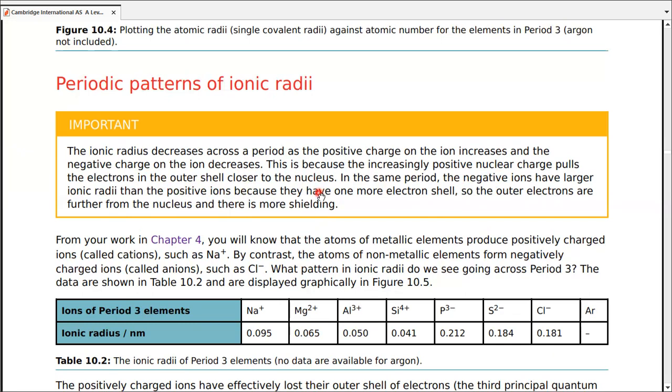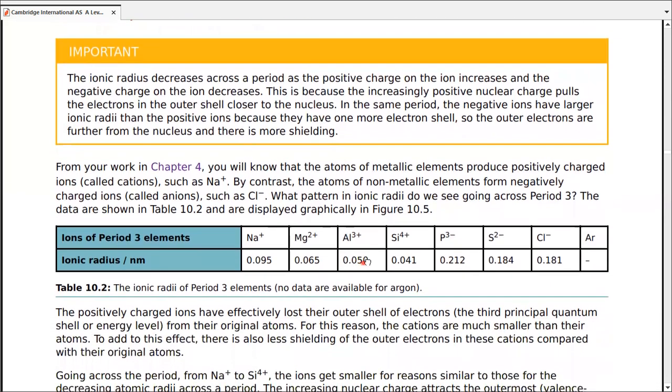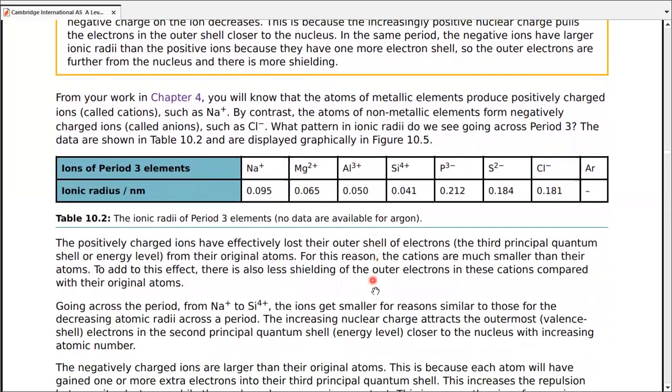In the same period, negative ions have larger ionic radii than the positive ions because they have one more electron shell. So the outer electrons are further from the nucleus and there is more shielding. Now, this has discussed the positive ions and the negative ions all together. So what we are going to do is take this table 10.2 and discuss the positive ions and the negative ions a little bit separately.